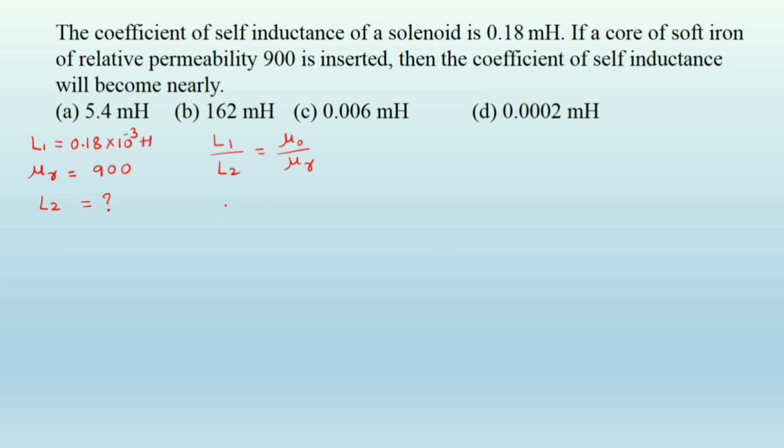Remember, mu naught is constant. So L2 equal to mu r into L1. L2 equal to 900 into 0.18 into 10 raised to minus 3. Multiplying these two values, we get 162 into 10 raised to minus 3 henry, or 162 millihenry. So option B is right.